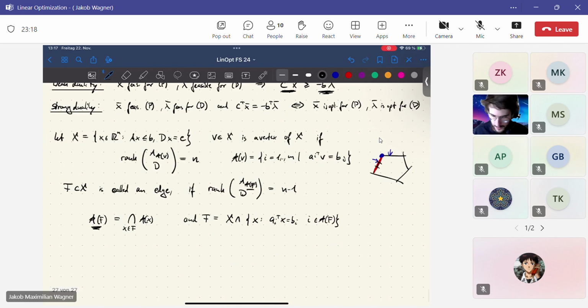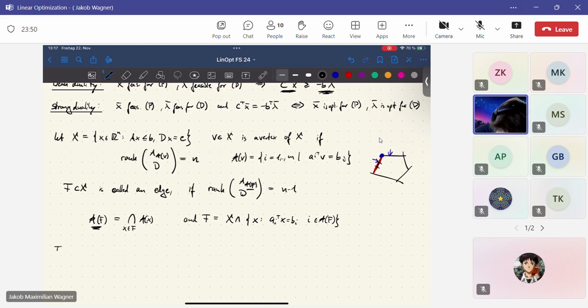And now the idea is that we want to devise an algorithm that finds a solution to this minimization problem by just checking different vertices and then walking along the edges of this polytope and at some point finding an optimal solution. And for this, we need a result that if we have an optimal solution to this problem, we always have a vertex that's optimal.